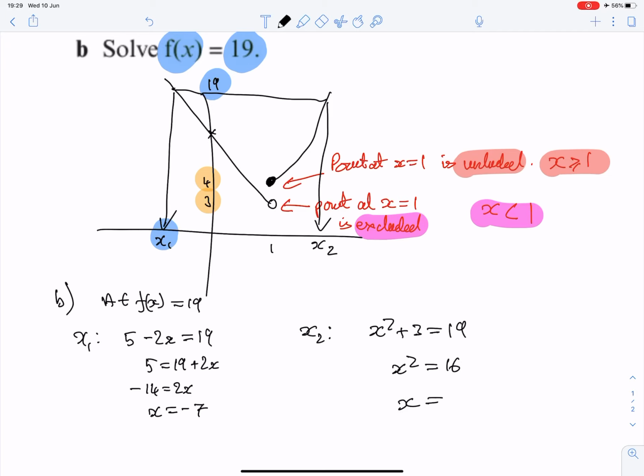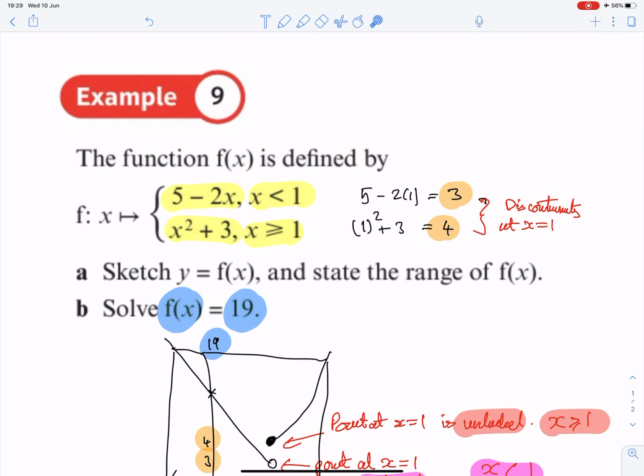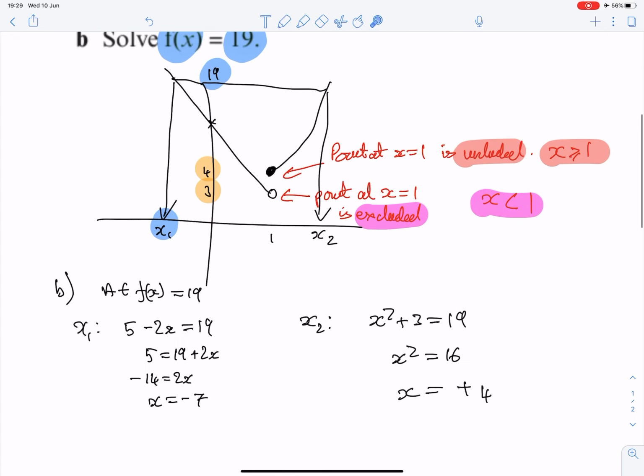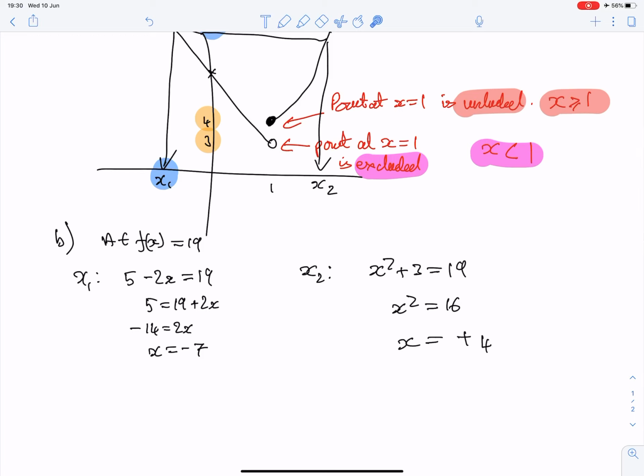X equals... Now, you should be in the habit of thinking that it's plus or minus 4 when we square root. But here, we look at the graph and we can see that we don't need the negative value. It's only the positive value because the quadratic curve section is all positive, and if we look back to the question, x had to be greater than or equal to 1. So our two answers then are x equals minus 7 and plus 4.